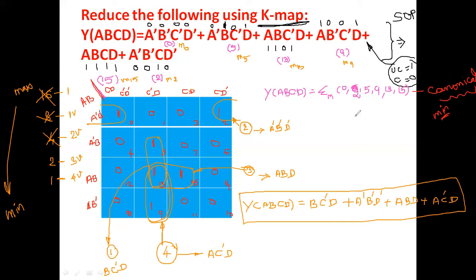So the problem given is like this: summation of m0, m2, m5, the same thing, but only the representation is different, m9, m13, and m15. That's all. The remaining steps are all the same. So it is the third method of problem.